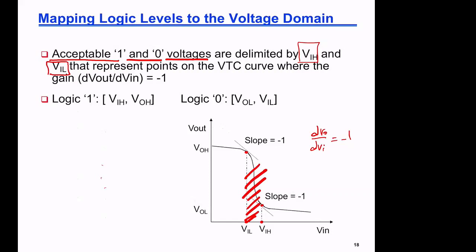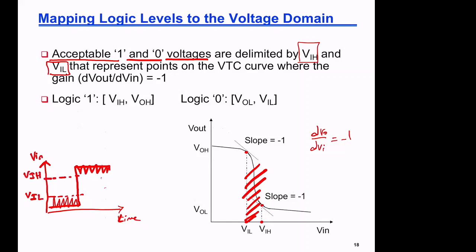If I have an input signal and this input signal has noise, and let me assume that this is Vin versus time. Okay, so this is the time axis and this is Vin. And let us assume that Vin, instead of being perfect VOH, has noise here. Let us say that this noise is delimited by VIL and delimited here by VIH.